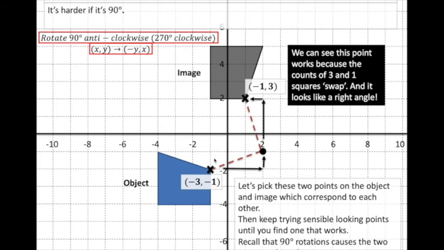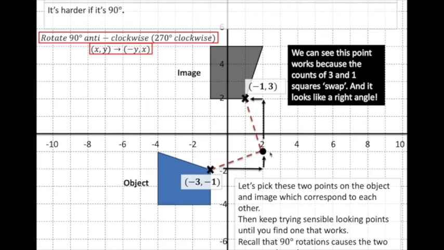If we pick that point there and that point there, this is the fixed point that will suit this rule here, right? Because going from this fixed point, the center of rotation, to that point on the object, we have -3, -1.